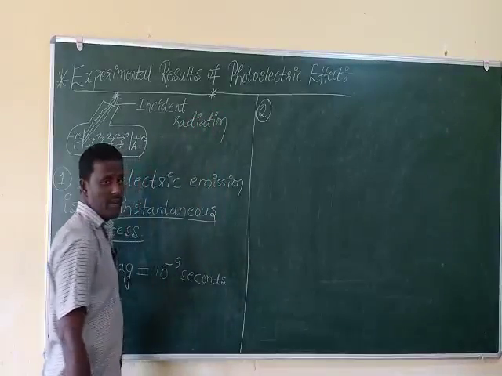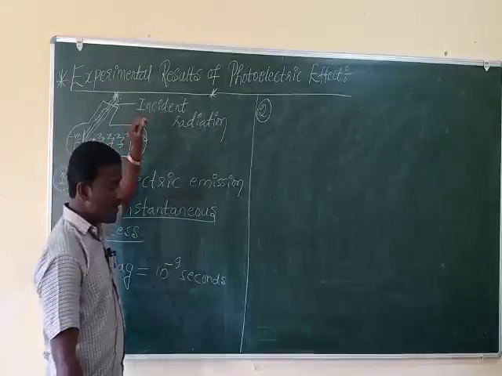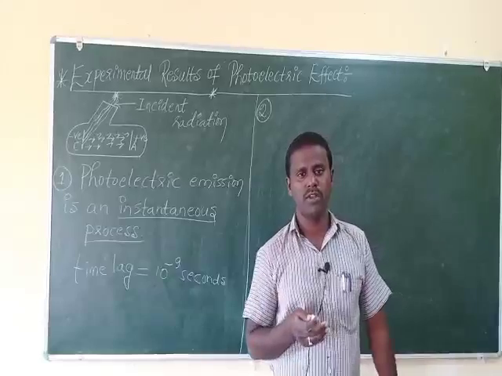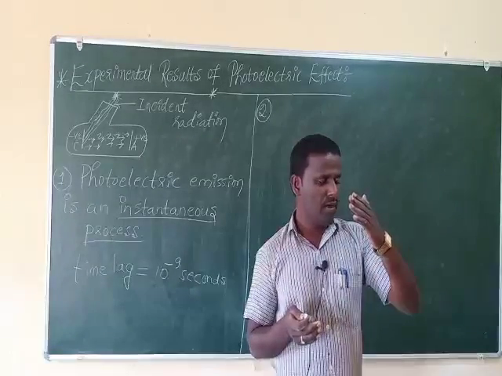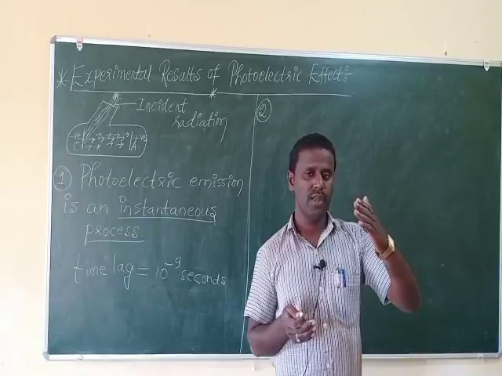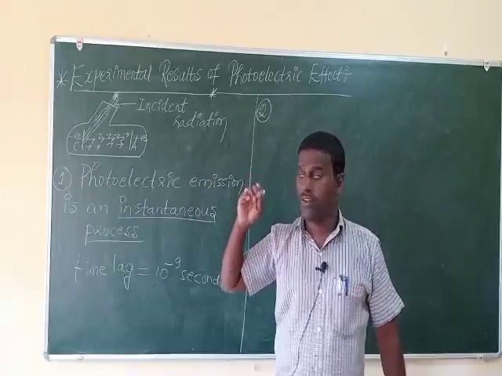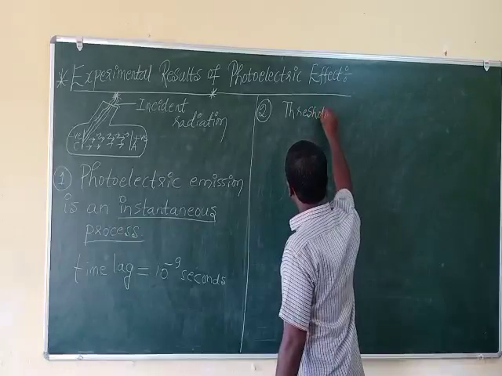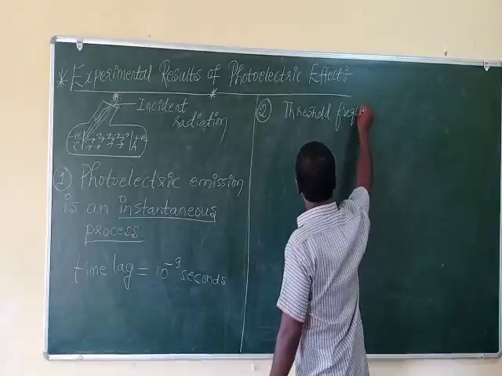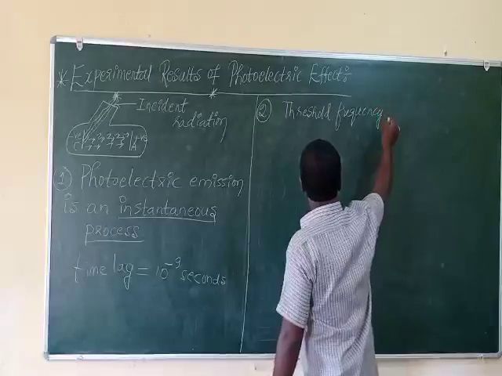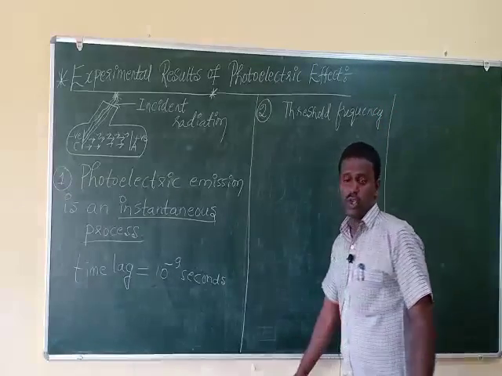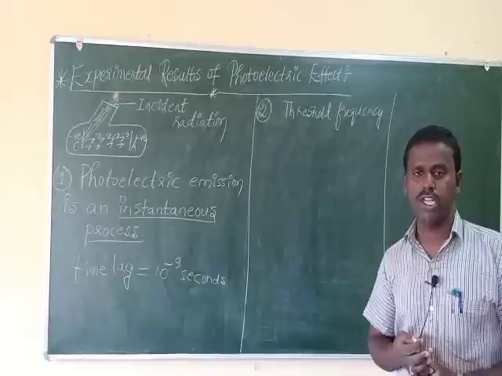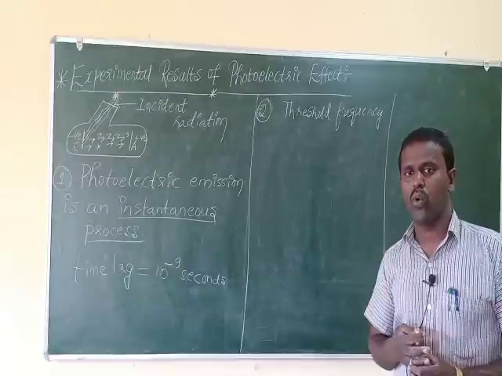It must have a frequency, a particular frequency. If you are using a light of frequency below it, which is called the threshold frequency, there is no emission. The second result is about threshold frequency. What is a threshold frequency? Threshold frequency is the particular frequency of the incident radiation below which there is no photoelectric emission.